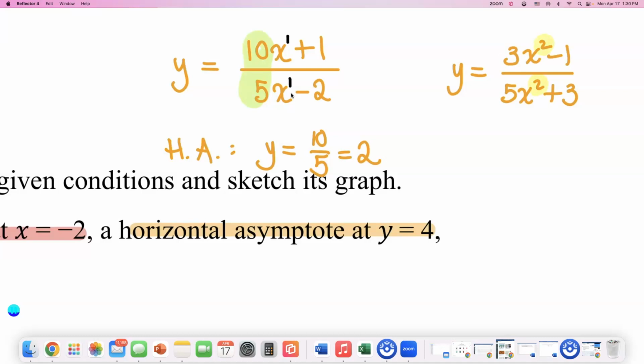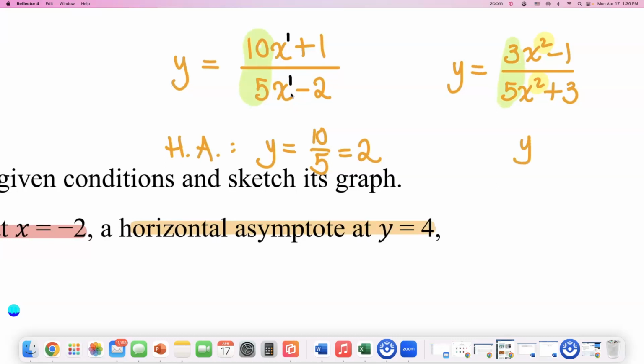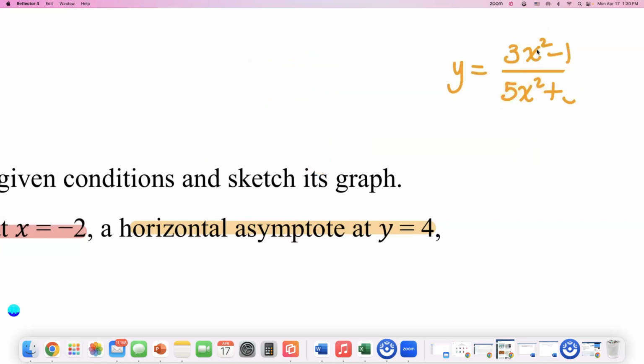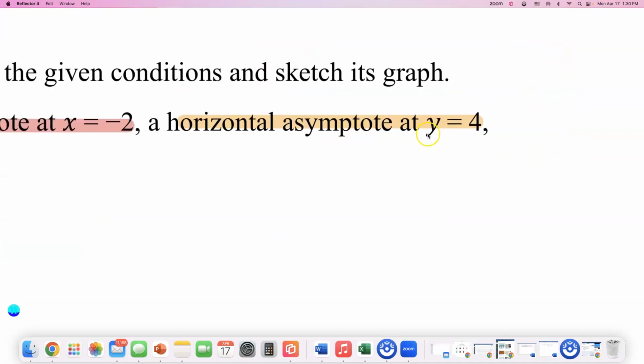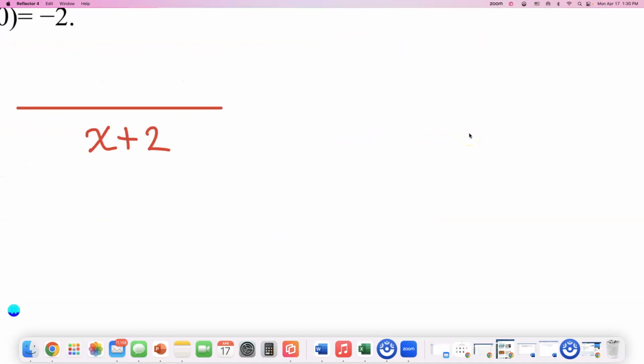So since they are the same, we have a horizontal asymptote of y equals 3 over 5. Okay? So this rule applies when the degrees are the same. If they are different, then we have talked about those other rules before, right? So if you want to have a horizontal asymptote at y equals 4, hey, we can do this.